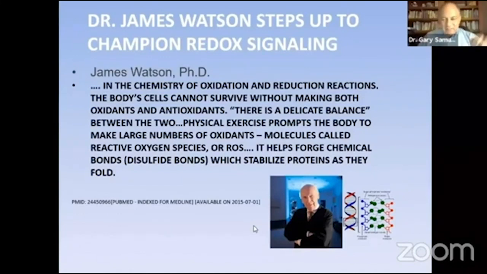And he is spending the rest of his life seeing what these reactive oxygen species or redox signaling molecules do inside the body, and seeing how we can produce them inside the body. So this is not a behind the scenes type of science.